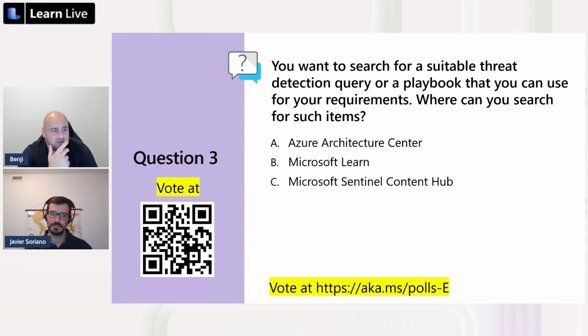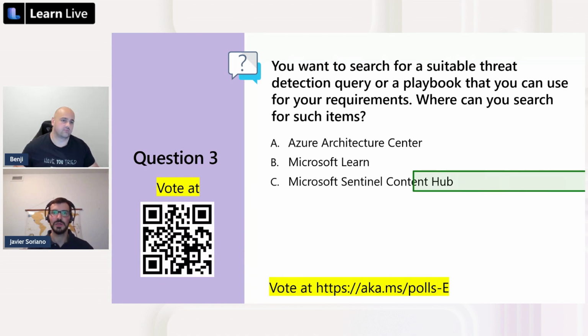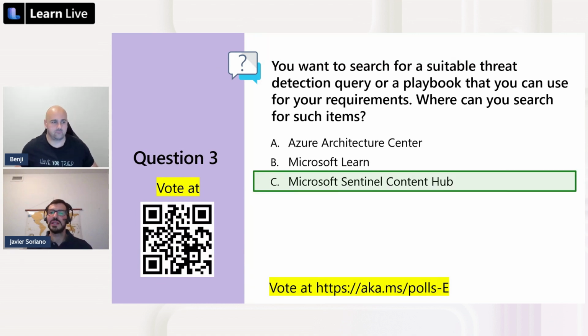So in this case, the actual answer is Microsoft Sentinel Content Hub, as we mentioned, where we have all those solutions, and we already mentioned that we have more than 200 solutions inside of Microsoft Content Hub, from where you can utilize and deploy not only playbooks but hunting queries or anything around it. Very good. So yeah, definitely Microsoft Sentinel Content Hub is the right one.